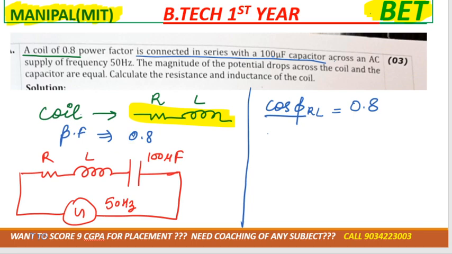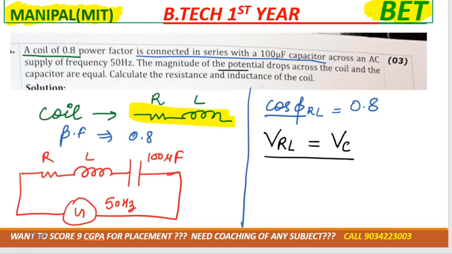Okay, the magnitude of the potential drop across the coil and the magnitude of the potential drop across the capacitor are equal. This is the statement.